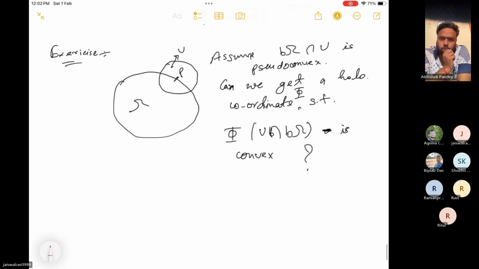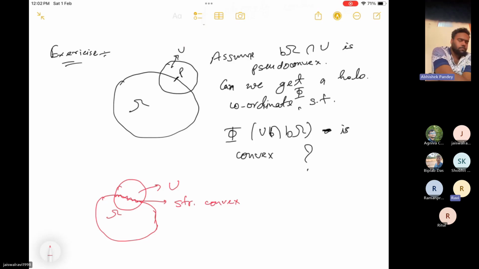Okay, let me write. So this is omega, this is U, and this thing is strongly convex. Then you are saying that omega intersection U is strongly convex.